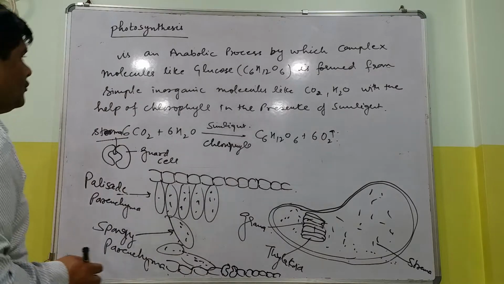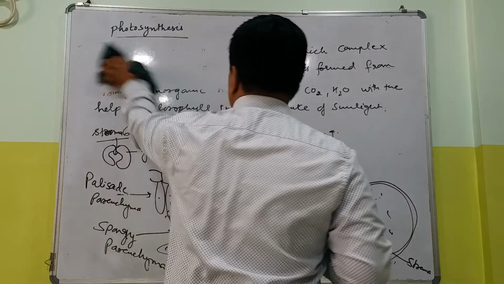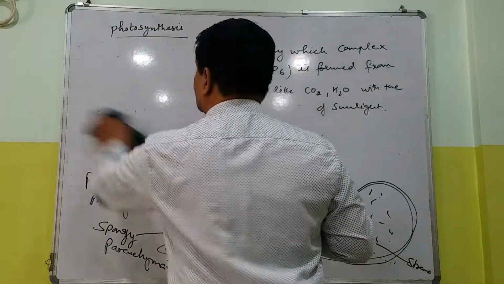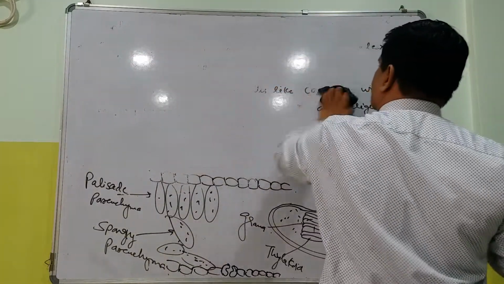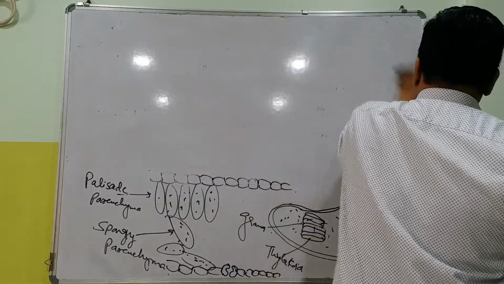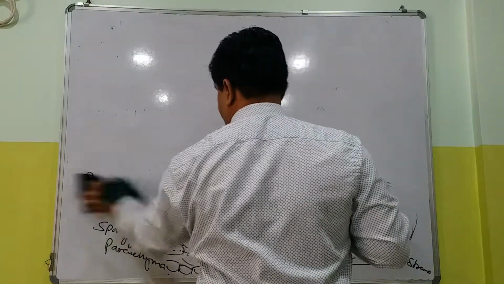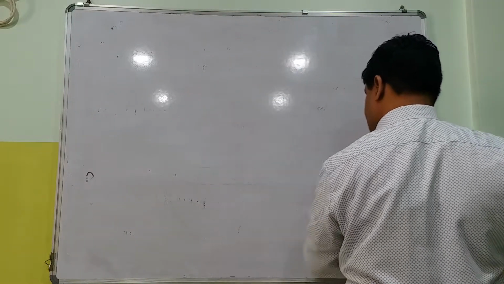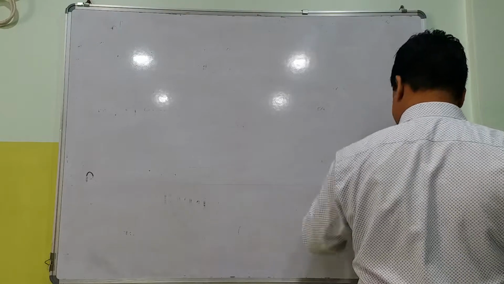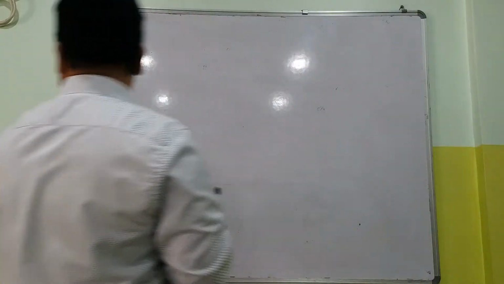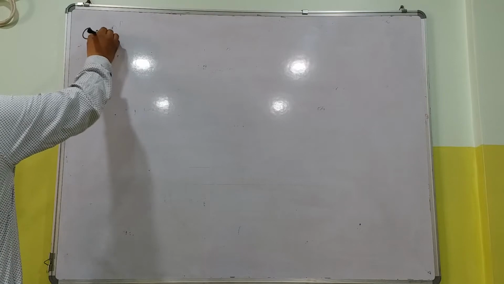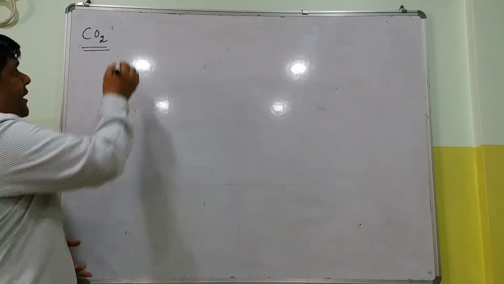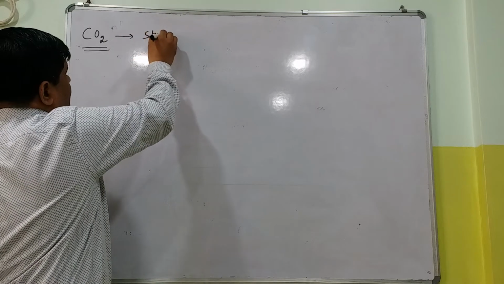Now we will move to the raw materials required for photosynthesis. So the first raw material required for photosynthesis is carbon dioxide, which is absorbed through stomata present in the leaf.